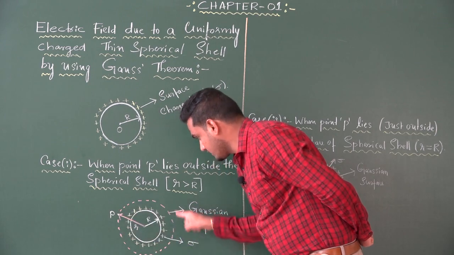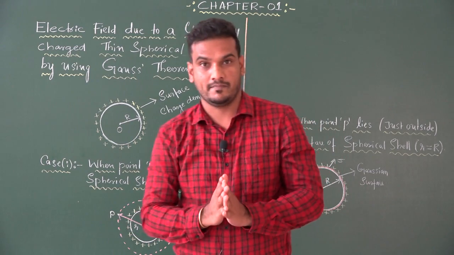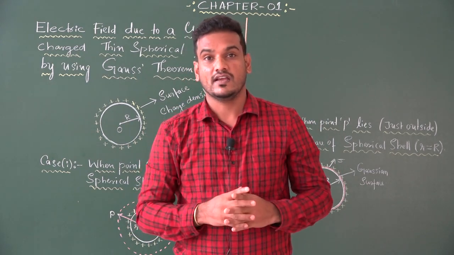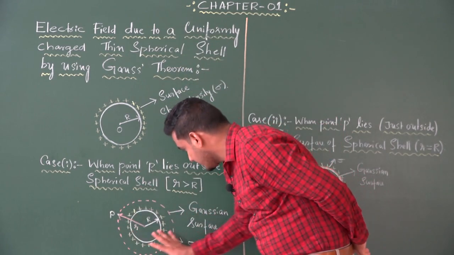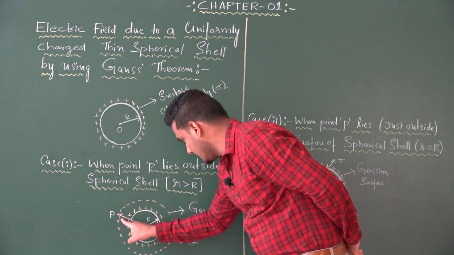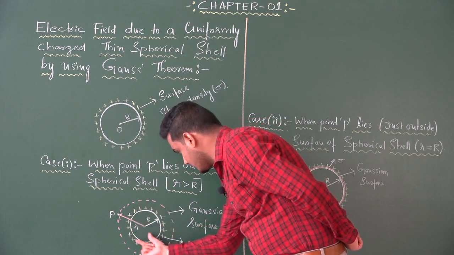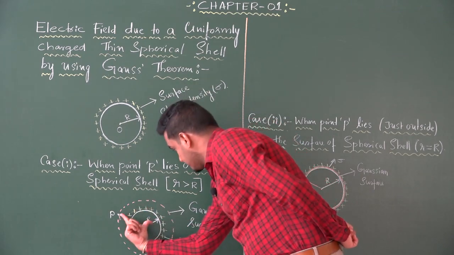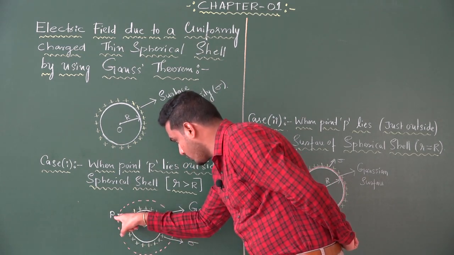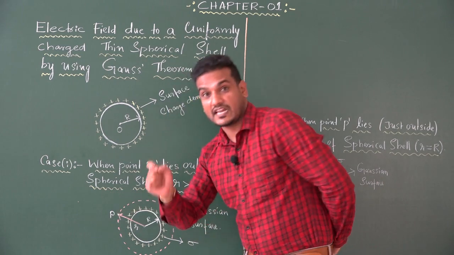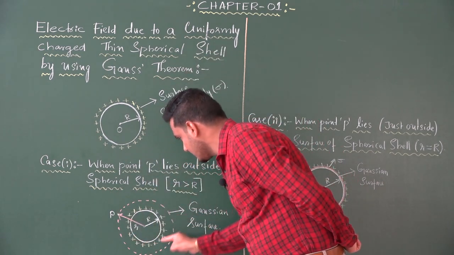On the Gaussian surface, we marked a point P. At that point P, we are calculating the electric field due to the spherical conductor at a distance r. Here capital R is the radius of the spherical conductor and small r is the radius of the Gaussian surface. At this point P, we are finding the electric field due to the uniformly charged thin spherical conductor.